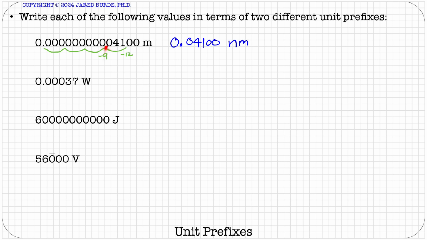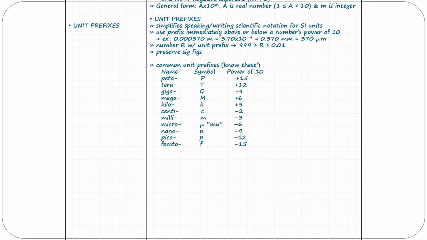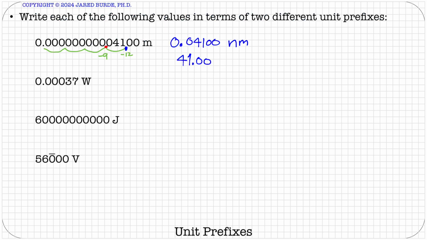I've got decimal 041, and then these are still significant zeros, so I have to keep my significant digits there as well. I could also put my decimal point over here. That would be 10 to the -12, and so I could have 41.00, and 10 to the -12 is pico. You would use picometers in that case.